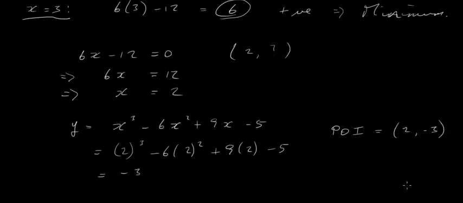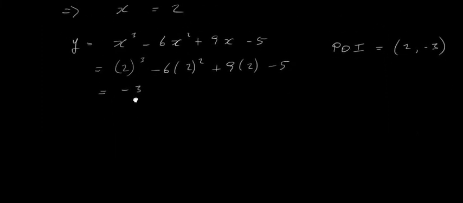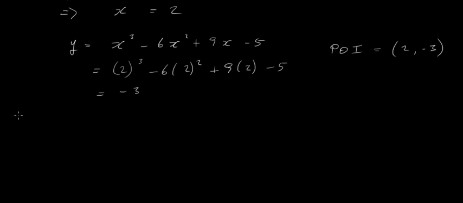So now I have my 3 points that I was looking for initially. My local maximum was 1, minus 1. My local minimum was 3, minus 5. This is my maximum. This is my minimum. And my point of inflection was 2, minus 3.